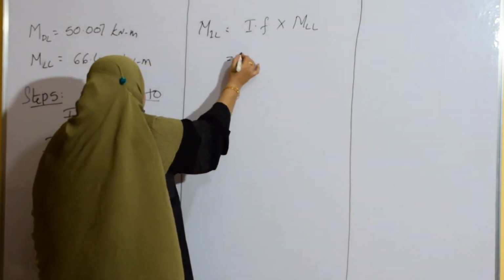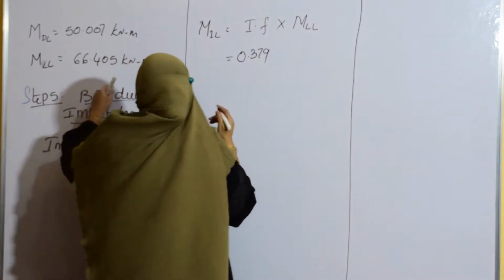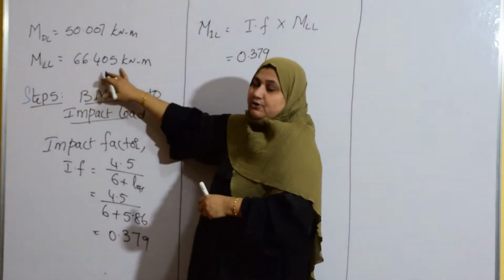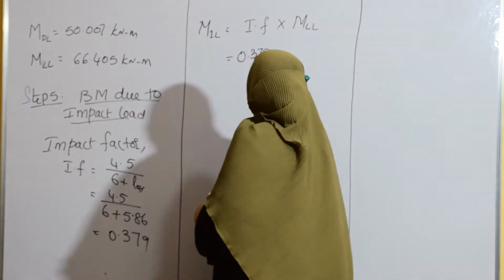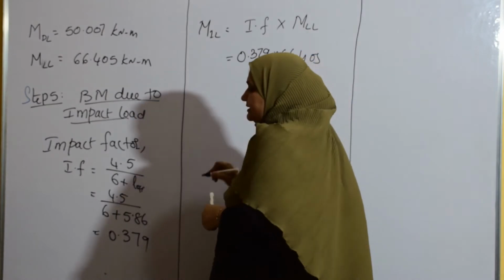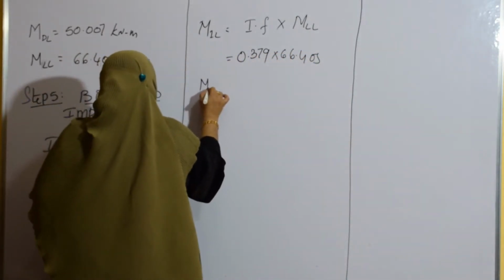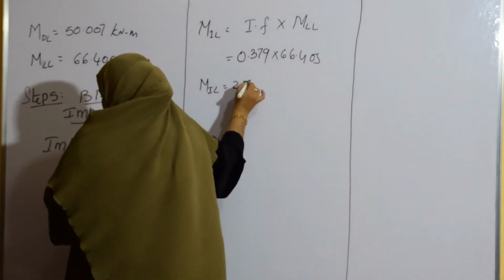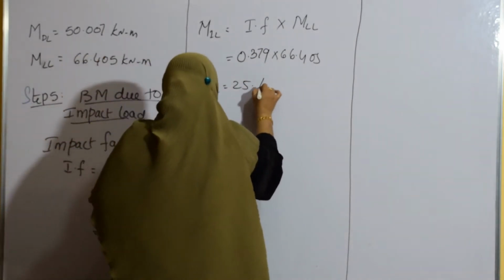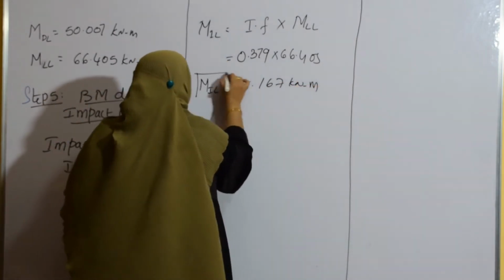The impact factor is 0.379, and the live load moment is 66.405. On multiplying, we get the third bending moment, due to impact, which is equal to 25.167 kilonewton meter.